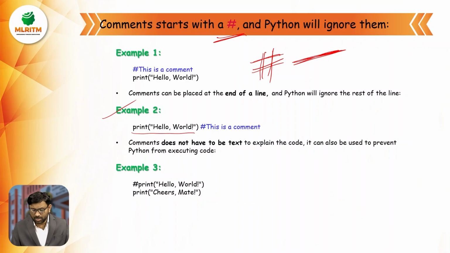After print hello world, I have written one hash. After that, I have written this is a comment. So after the instruction or the statement, if you write hash, okay, after hash, if you write anything, it will be considered as a comment for this line print hello world.